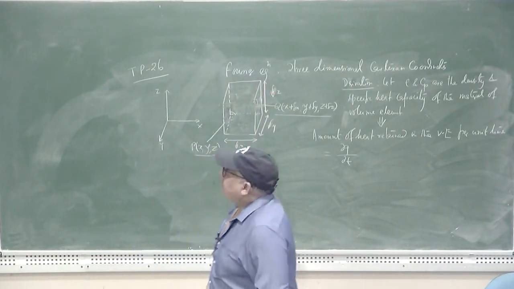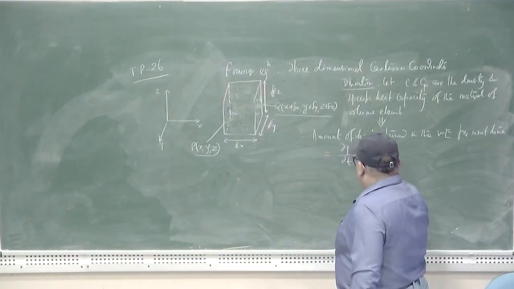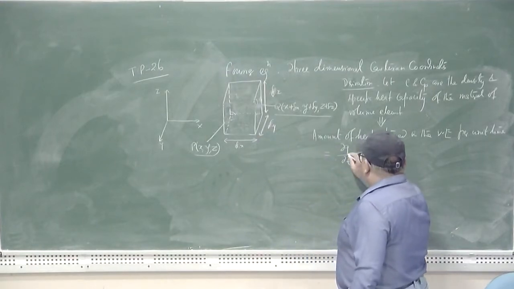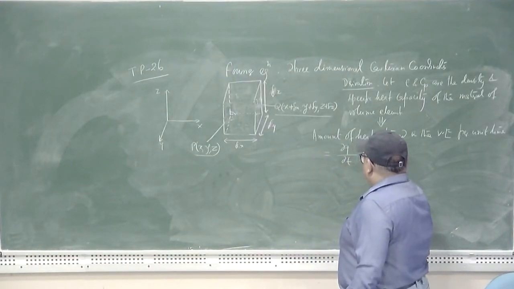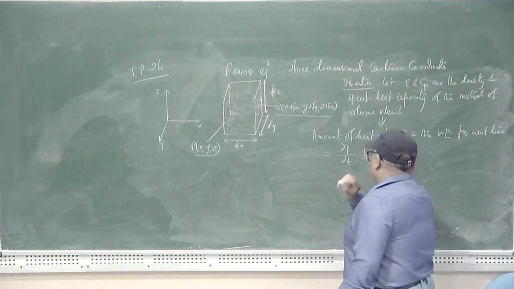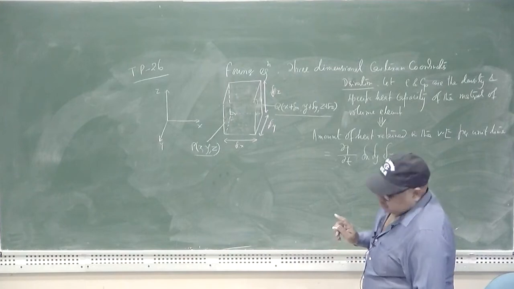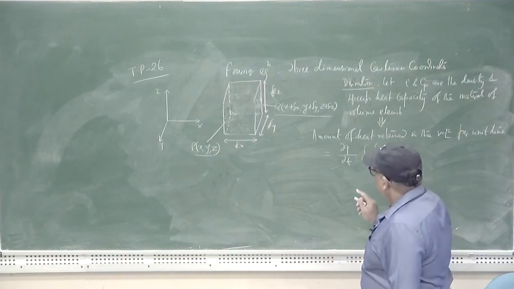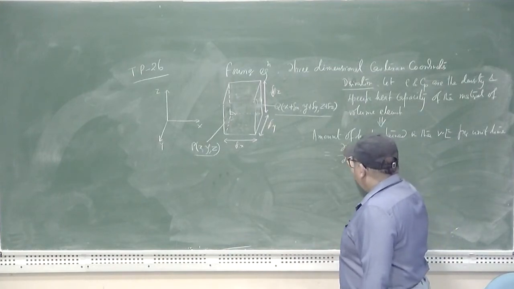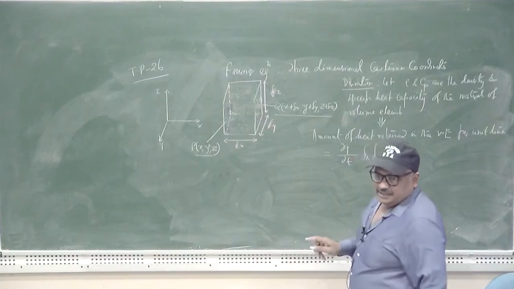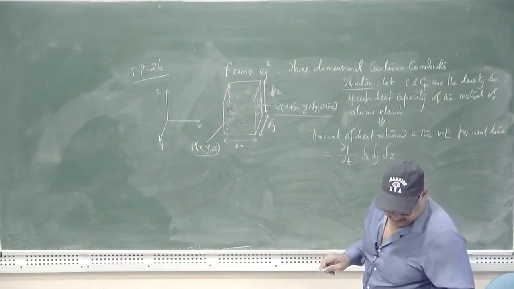So how much will that be equal to? So delta Q by delta T into the volume of the volume element delta x, delta y, delta z. So how can this quantity delta Q by delta T be defined?